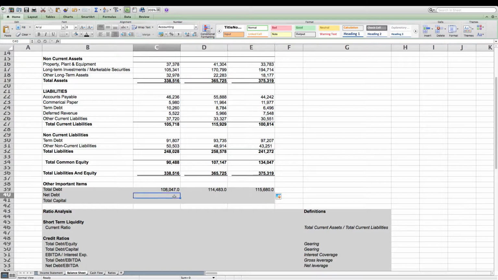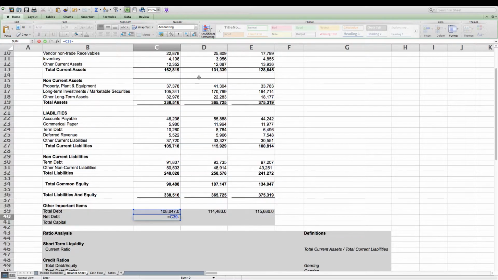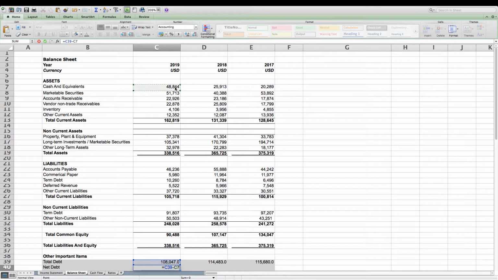Now, what's net debt? Net debt is effectively the total debt minus the cash and marketable securities that Apple holds on its balance sheet. So how do we calculate net debt? All we do is we look at the total debt number, and from that we take out the total amount of cash and marketable securities that Apple has on its balance sheet. Why do we take out marketable securities?